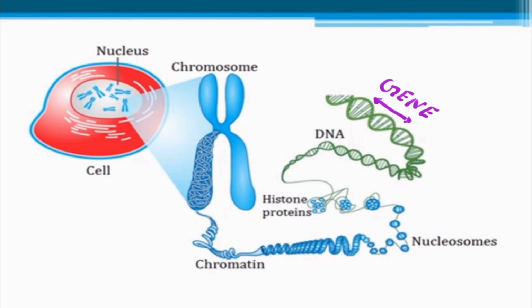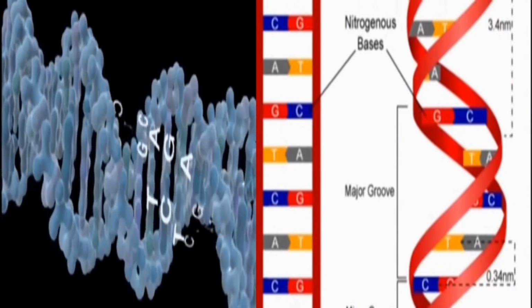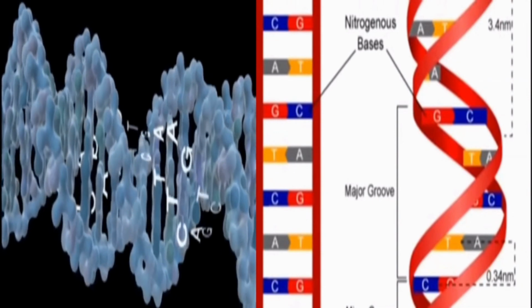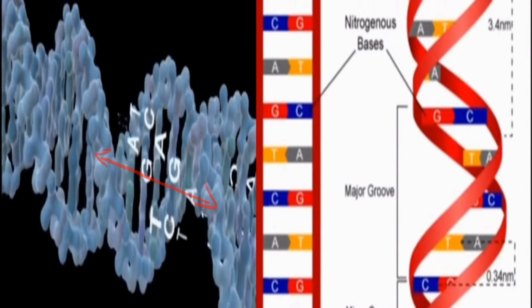So each cell of our body contains 20,500 genes. This is the sequence of nitrogen bases, that is, C always binds with G, A always binds with T. ATGC is the sequence on the DNA. It is called the gene.